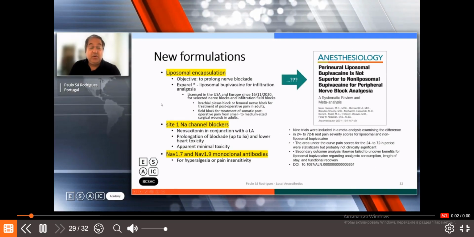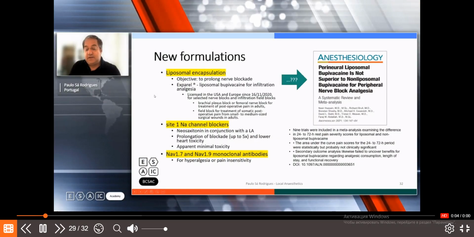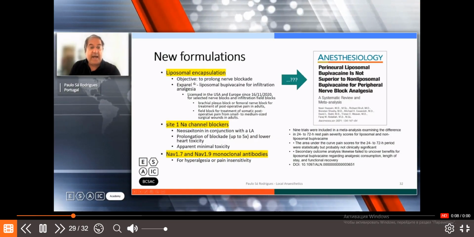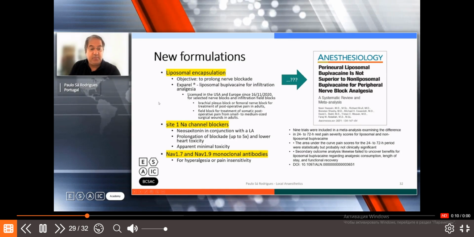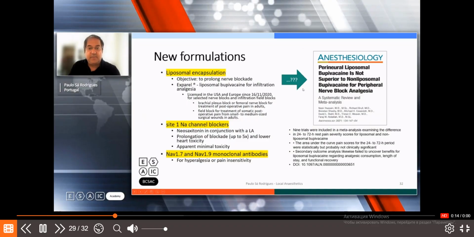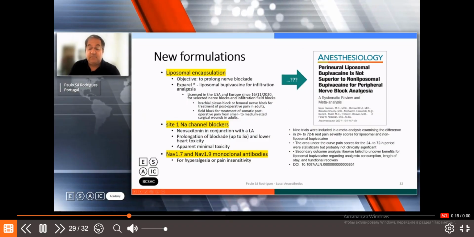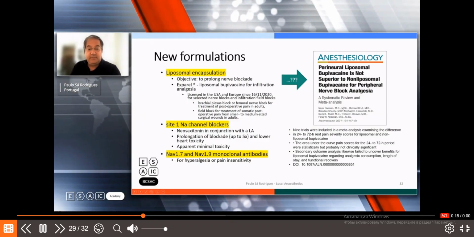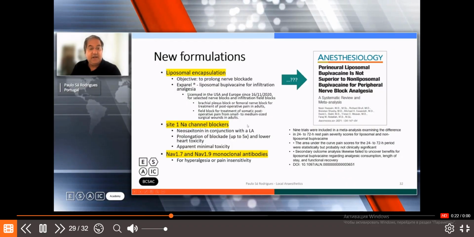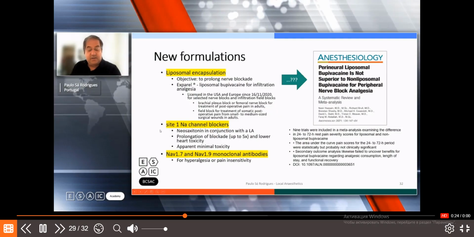There are also new formulations for the administration of local anesthetics, like the liposomal encapsulation of bupivacaine. There are some papers suggesting that it may not be very beneficial, but there are also other papers suggesting that indeed there are benefits from this utilization.